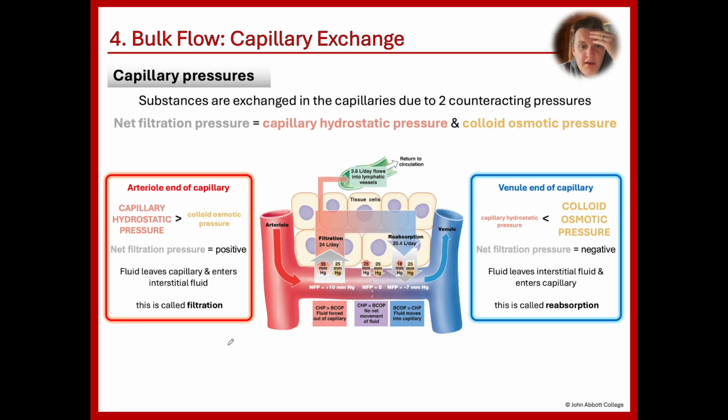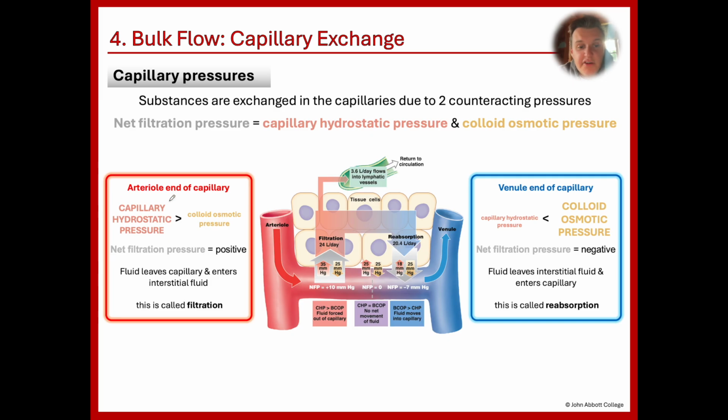Now, I want us to piece this all together, right? Remember I told you that substances are exchanged in the capillaries due to two counteracting pressures. You have the capillary hydrostatic pressure and colloid osmotic pressure, and together they make the net filtration. They decide the net pressure where things will go, right?